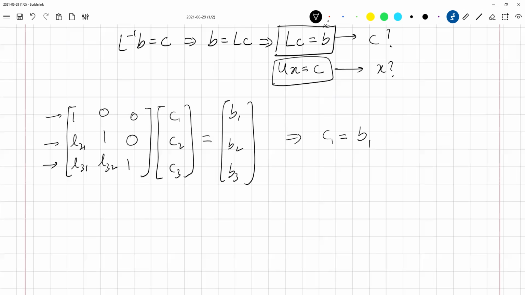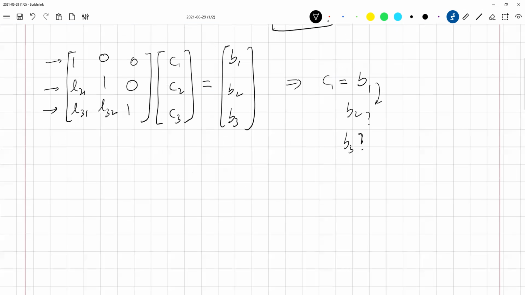Once you know C1, you can replace it over here and solve for the next one. L21 into C1 plus C2 will give you B2, and then in another step you'll find out B3. Sorry, I'm not finding out B; the unknowns are C1, C2, C3, so I'll find out C2 and C3. Now I have C1, C2, C3 available with me.